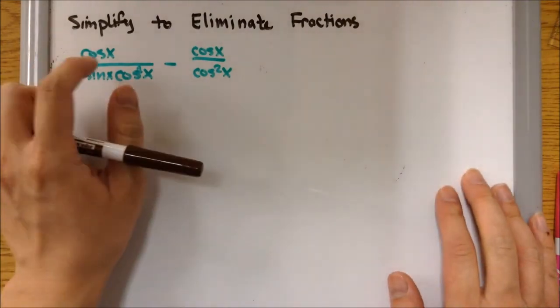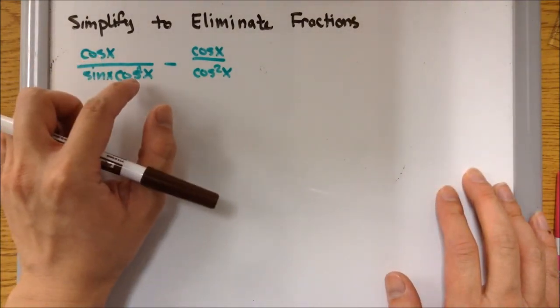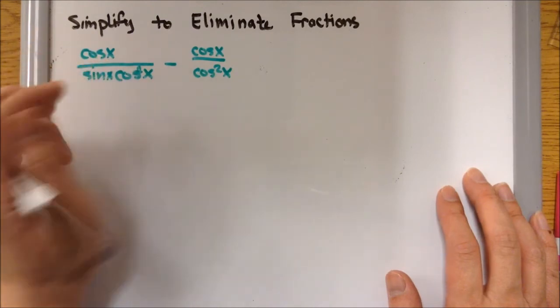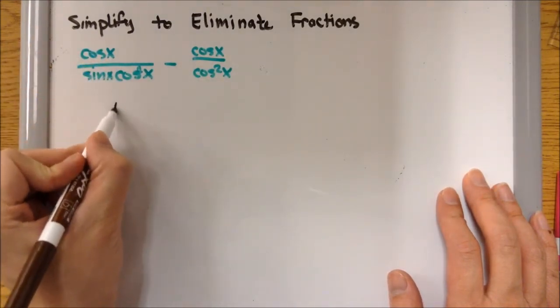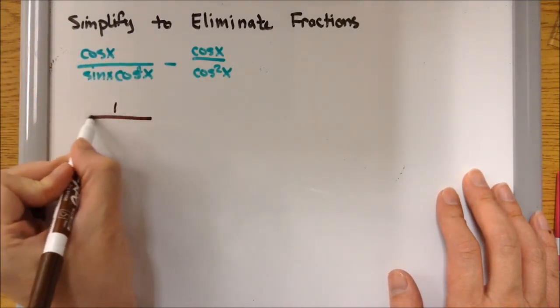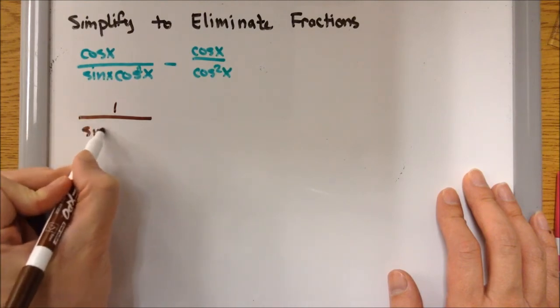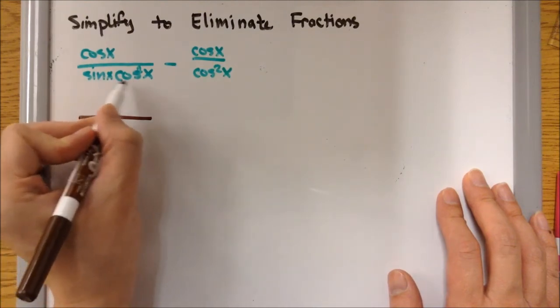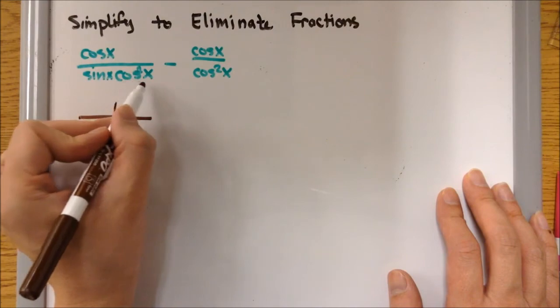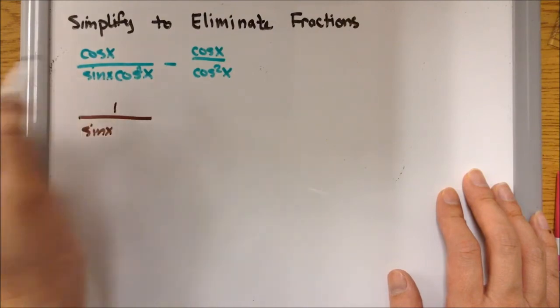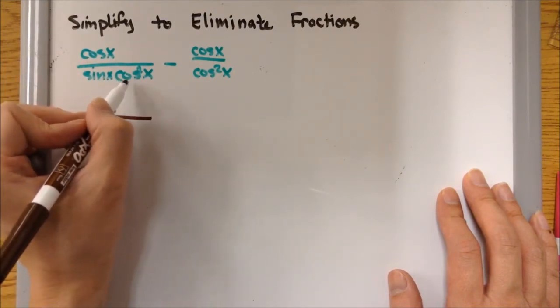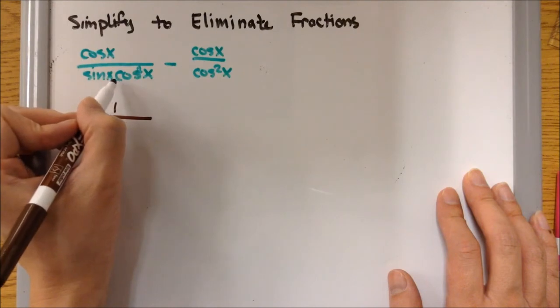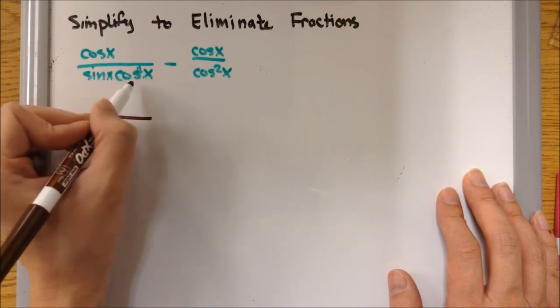So cosine of x and then cosine of x here, when I divide, the only thing I have left is 1 on the top, sine of x. Now the cosine square of x did not go away, did not become 1. When there was cosine square of x, that means there were 2 of them.